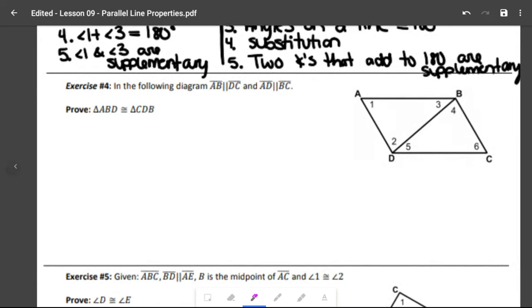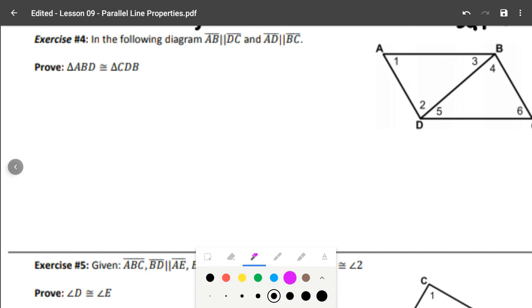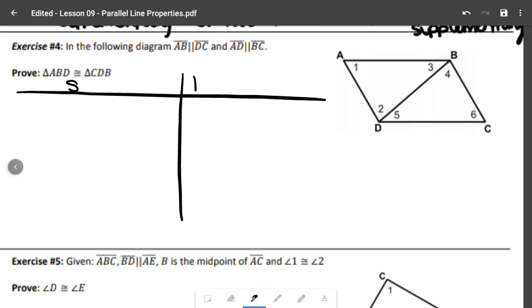In the next exercise, we're using parallel lines to prove that we have congruent triangles. So when we set up our statement and reason, we always start with our given. So in the following diagram, we know that AB is parallel to DC, and I also know that AD is parallel to BC, so I'm going to mark those.